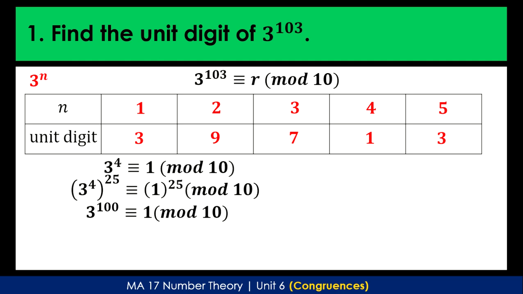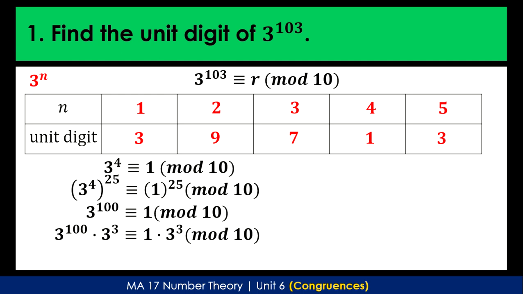So we are near. We just need another 3 for our exponent. So let's multiply 3 raised to 100 by 3 raised to 3. Also, we should multiply 1 by 3 raised to 3. This is one of the properties that we have from the previous video.